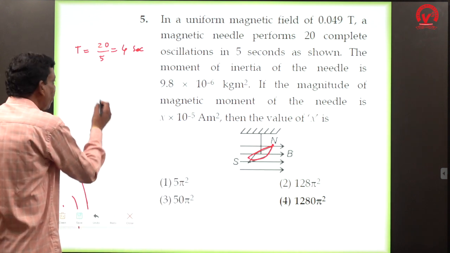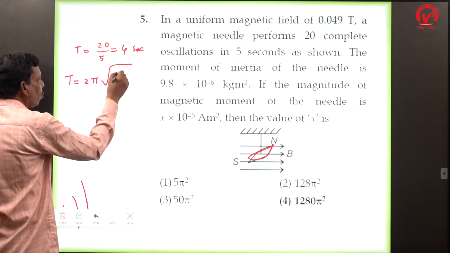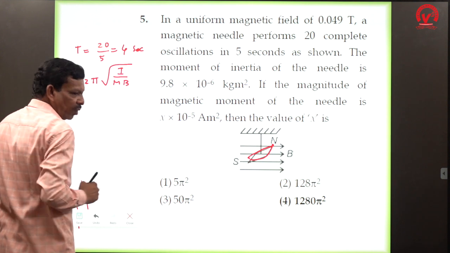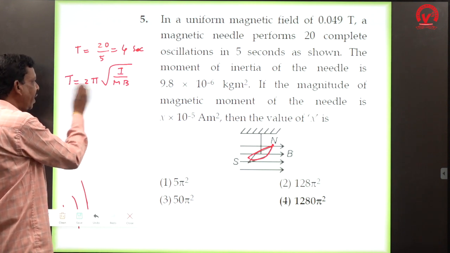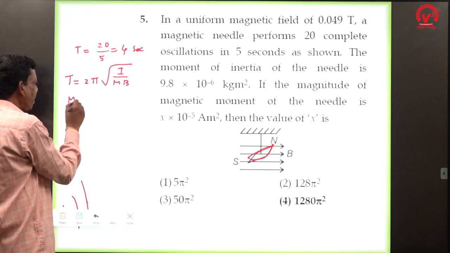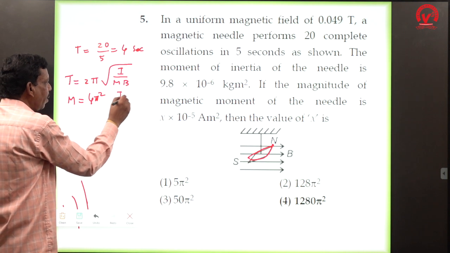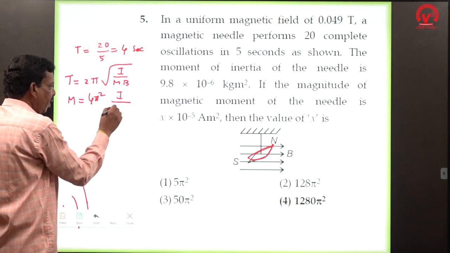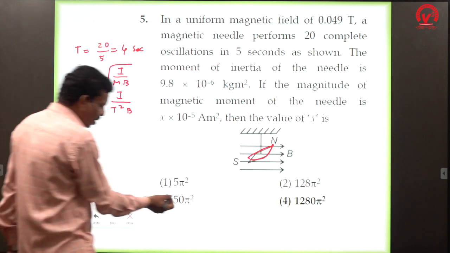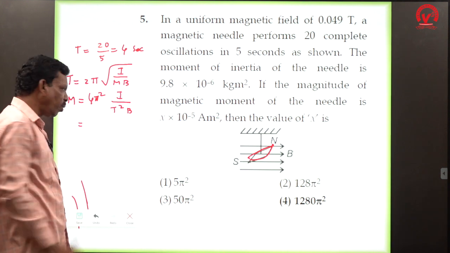What is the formula for time period? T is equal to 2 pi root I by mB. We need m. So squaring on both sides, sending m there and T square here, m is equal to 4 pi square I by T squared B. Now, in the options they are given pi square in all options, so don't disturb this pi square.